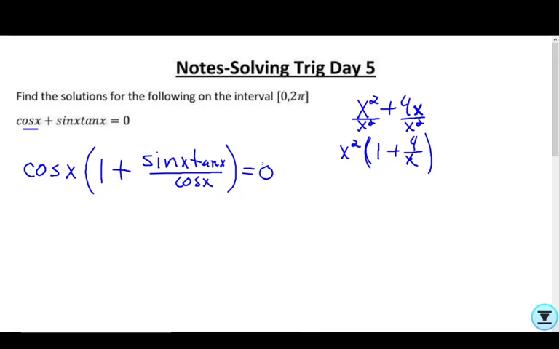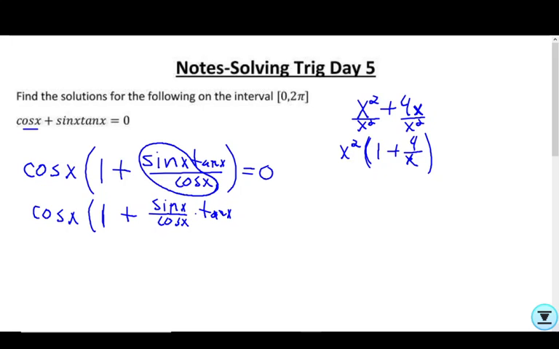But notice that doing that, I end up with sine over cosine, which is in fact tangent. Just so you can see it, we could rewrite this as cosine x times 1 plus sine x over cosine x times tangent x equals 0.